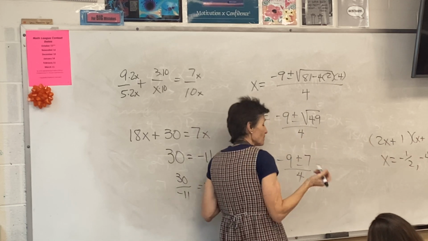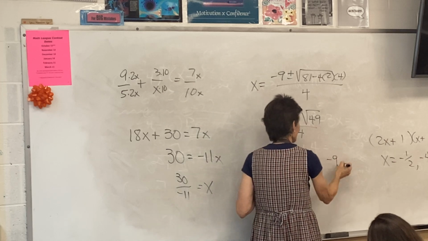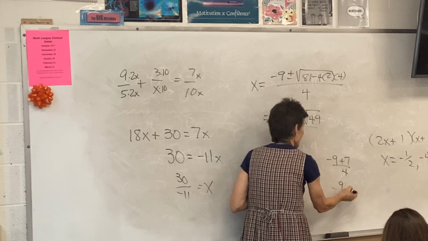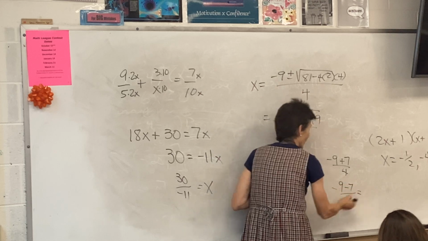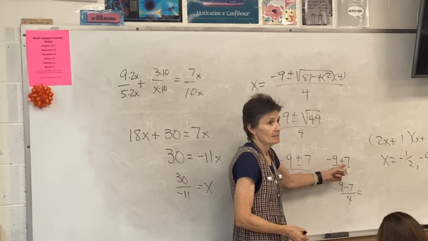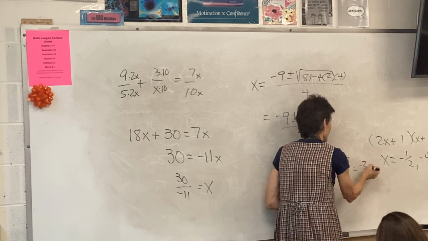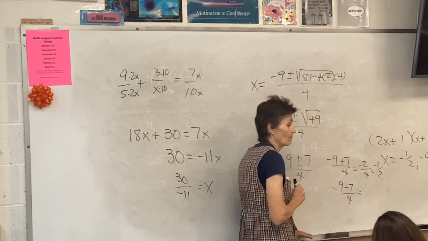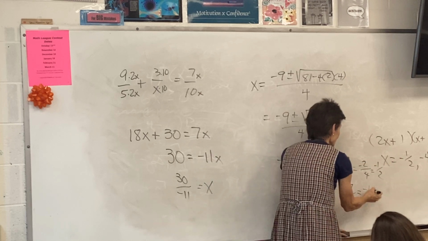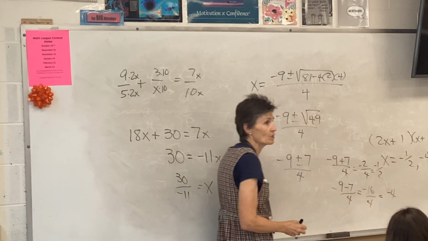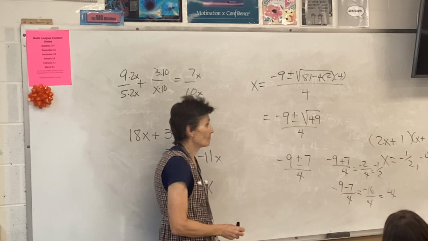You have to write down the answers. So negative 9 plus 7 over 4, and negative 9 minus 7 over 4. Negative 9 plus 7 is negative 2 over 4, which is negative 1/2. Negative 9 minus 7 is negative 16 over 4, which is negative 4.